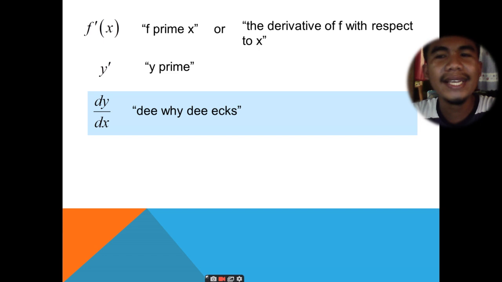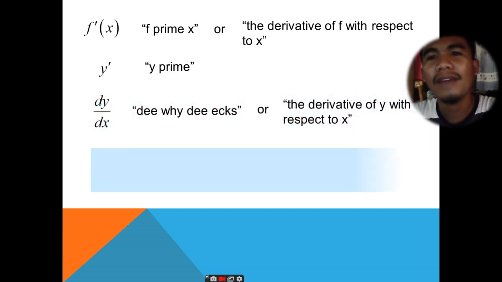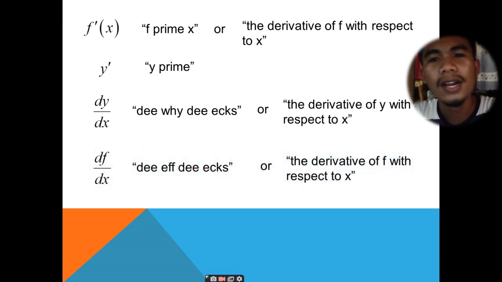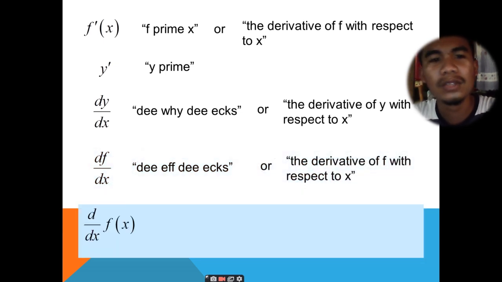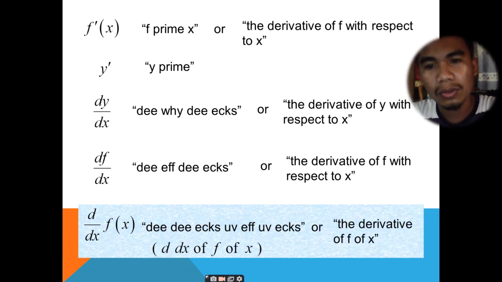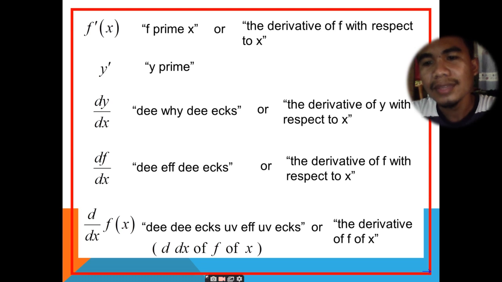This one, dy/dx, or the derivative of y with respect to x. df/dx, this one is called df/dx, or the derivative of f with respect to x. This one is called d/dx of f of x, also called the derivative of f of x.